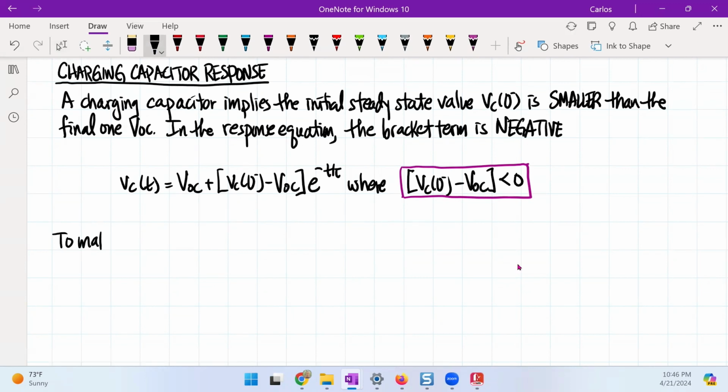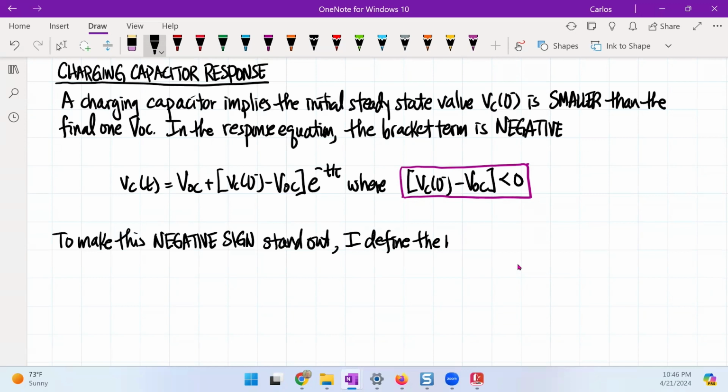To make this negative sign stand out, I define a new parameter, which is the magnitude of the bracket term.